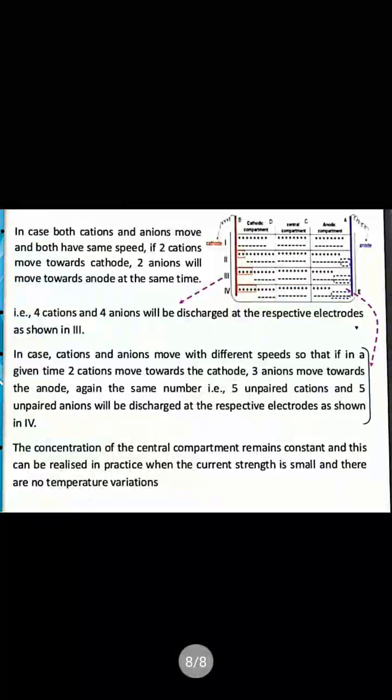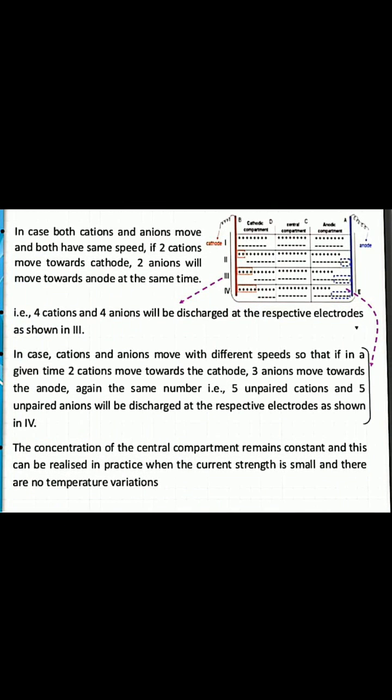Now, the second case is represented as third in the figure. In this case, both cations and anions move, and both have the same speed. That is, if 2 cations move towards the cathode, 2 anions will move towards the anode at the same time.